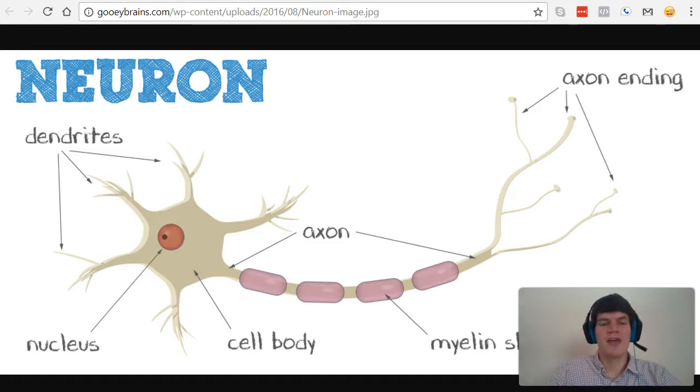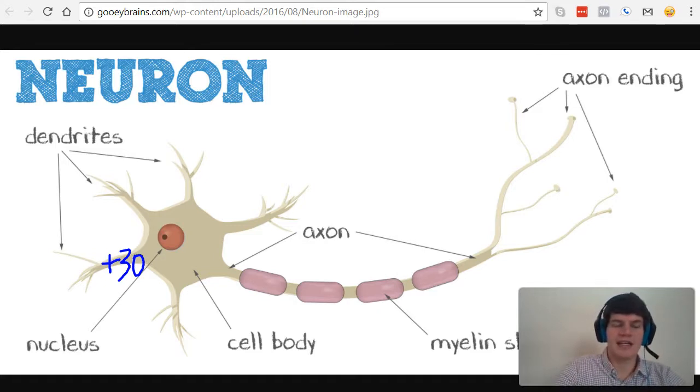For instance, if a neurotransmitter binds to the dendrites of this neuron, that might cause some ion channels to open. For instance, maybe a sodium ion channel opens, causing sodium ions to rush in. And let's pretend that those sodium ions cause the membrane potential to increase by plus 30 over here at the dendrites, okay?